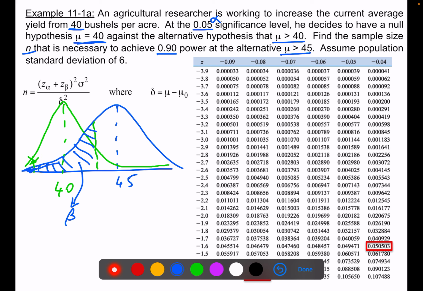So this is our equation. Basically what we have to do is use this equation, which gives us n. And remember that we always plug in a positive delta, right? So it's mu minus mu 0. In this case, it doesn't matter because it's a delta squared. Z of alpha. So does the question say what's the significance level? Yeah, 0.05, right?